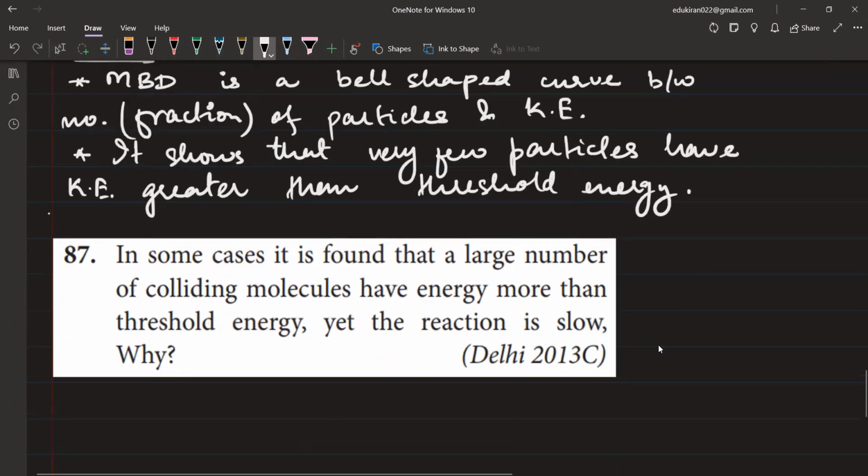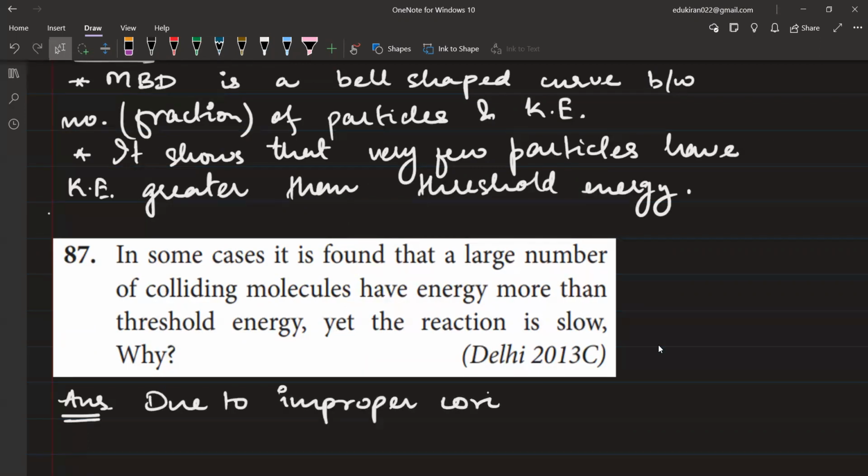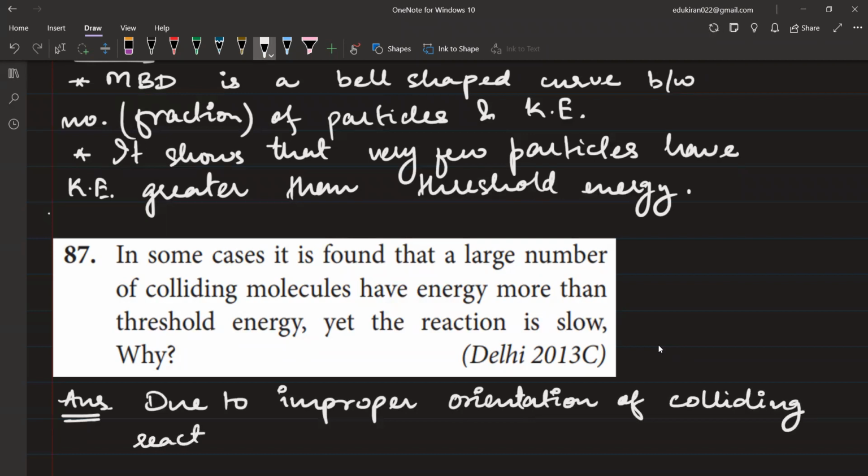And the answer is what? Simple answer is due to improper orientation of colliding reactant molecules.